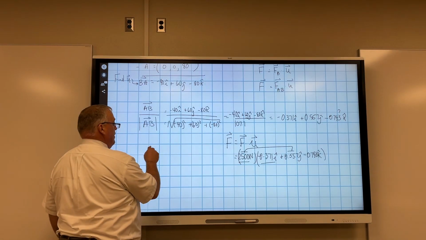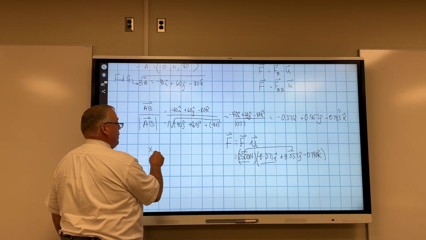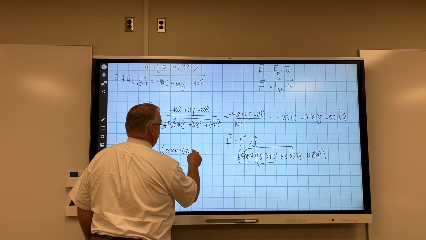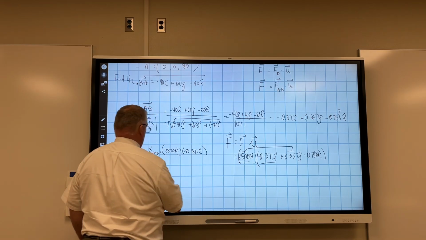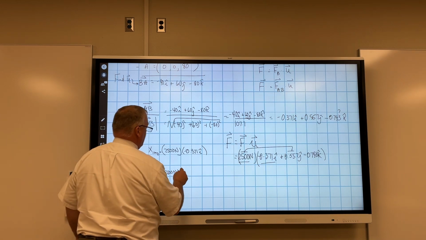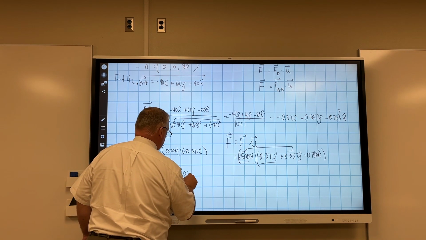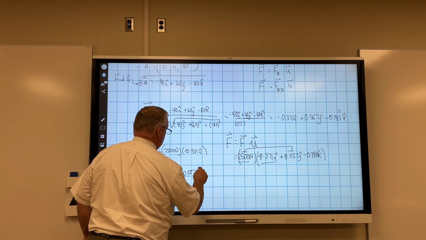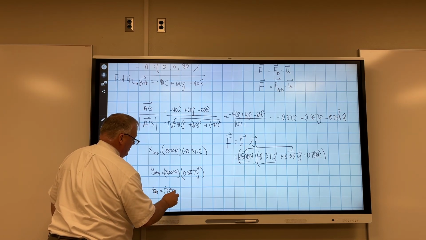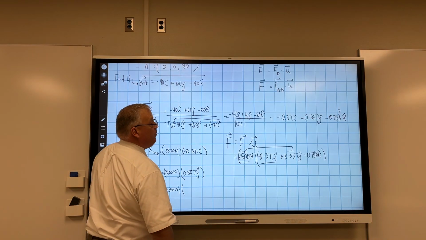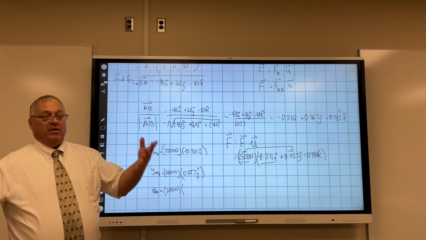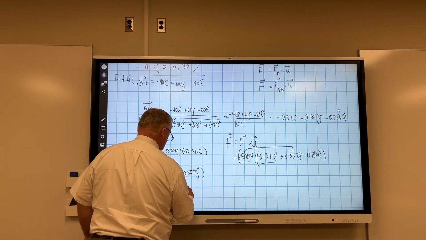So the x component is 2,500 newtons times a negative 0.371 i. The y component is 2,500 newtons times 0.557. The z component is 2,500 newtons times 0.742 or 0.743 k hat, right? Depending on what calculator you have.